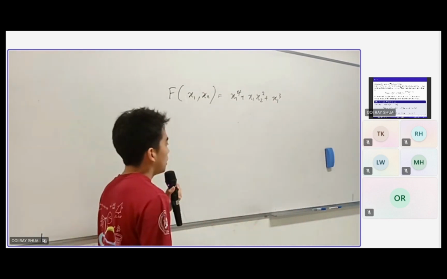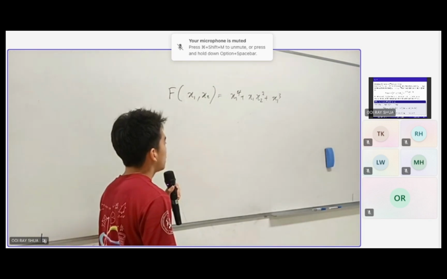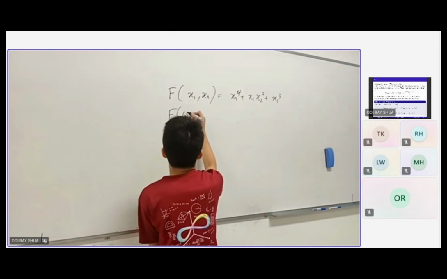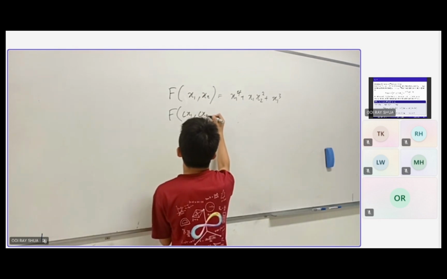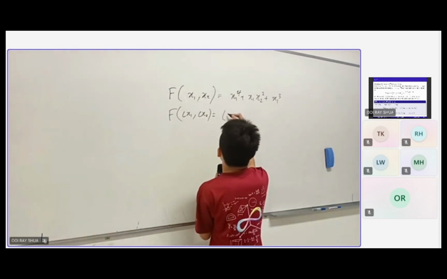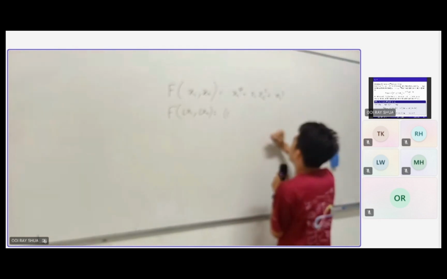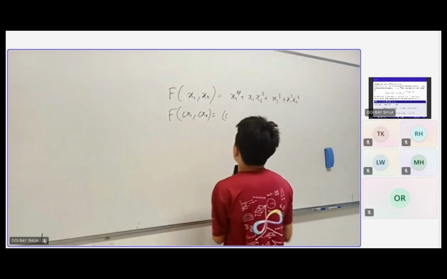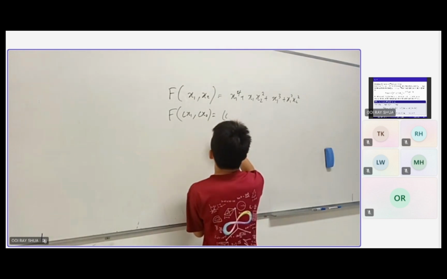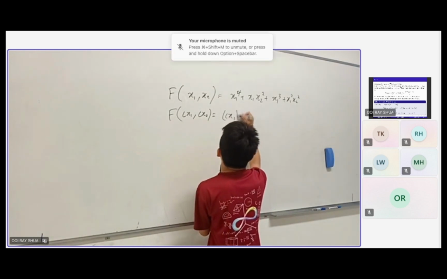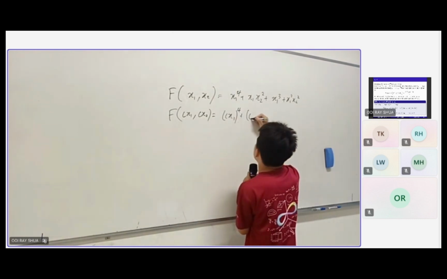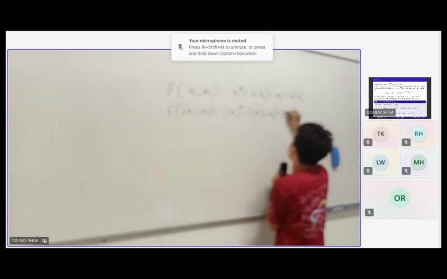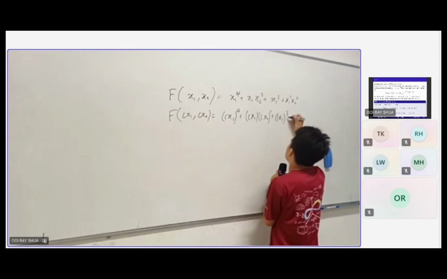And then what we want is when you substitute in c x1, c x2, we just do the algebra again. Essentially what happens is you can factor the c's out.